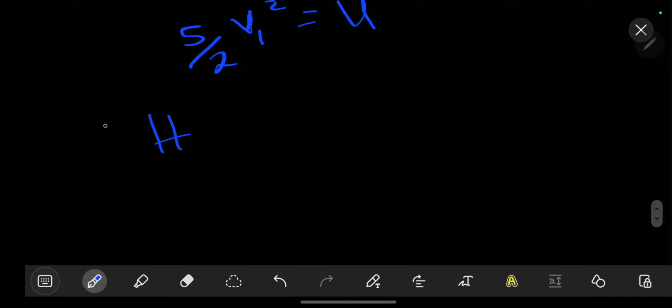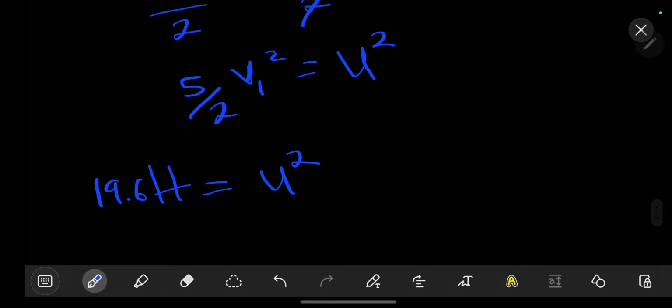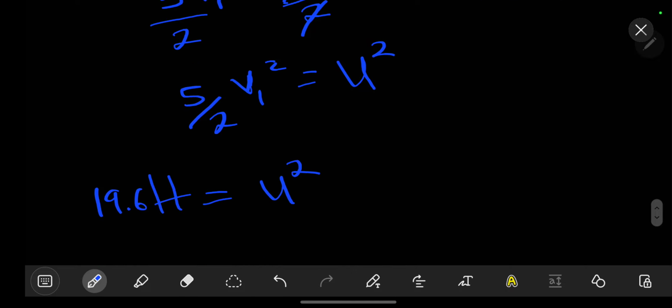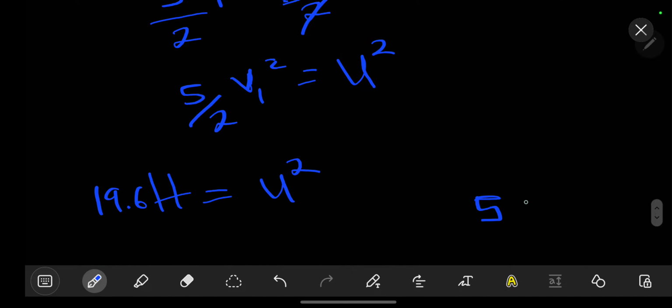So we can say 19.6h should be equal to our u squared like that. Now if you look at this type of arrangement, they want us to show 5h over 3.